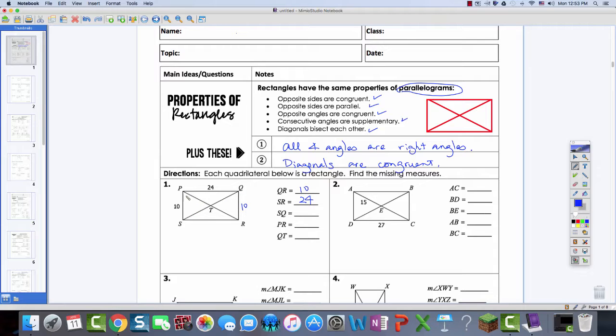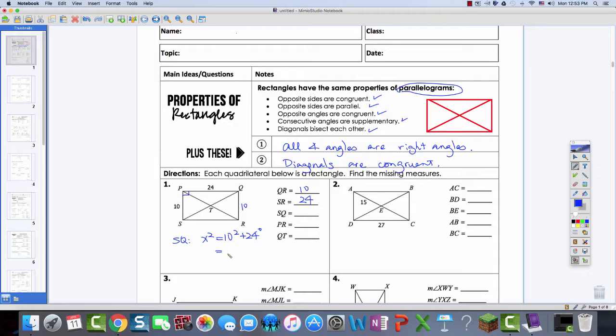However, if we have a rectangle, we know that the angles must be 90 degrees. Therefore, I've got a right triangle at SPQ, and so SQ is the hypotenuse. So hypotenuse squared should equal 10 squared plus 24 squared.